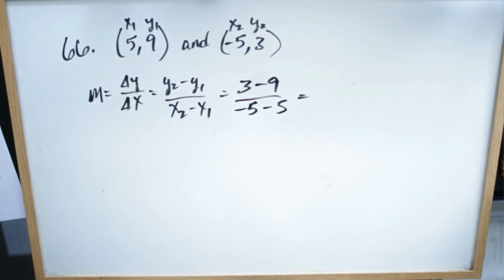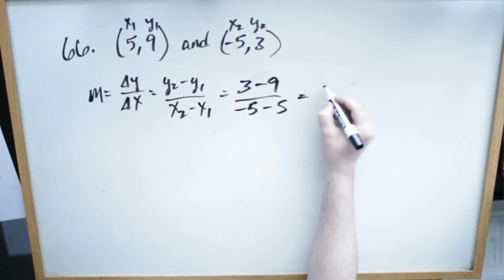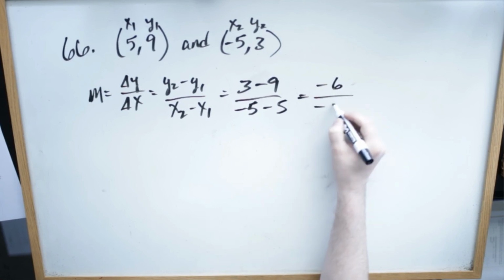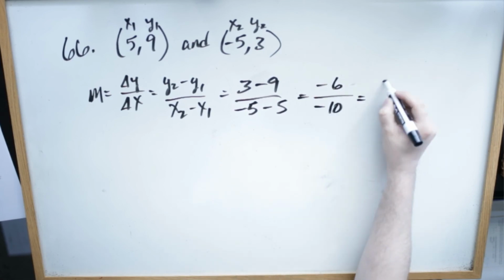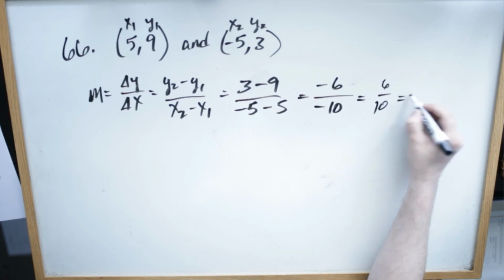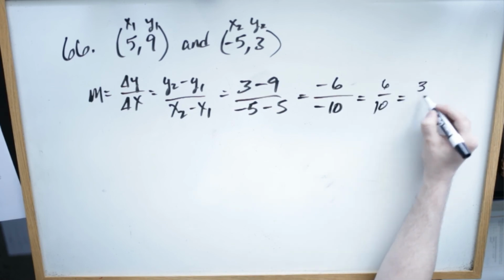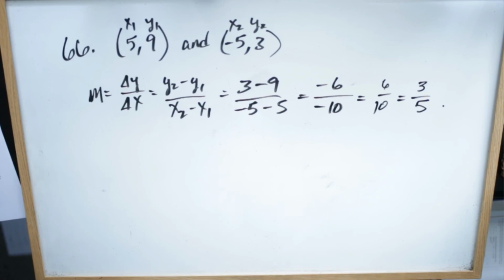What do we get as a solution? We get a minus 6 all over a minus 10, which is the same thing as 6 over 10, which is the same thing as 3 over 5. I'll leave that to you as an exercise to work out, but I promise you it works out to being that. So that's our slope, and again, we can use any point we want.